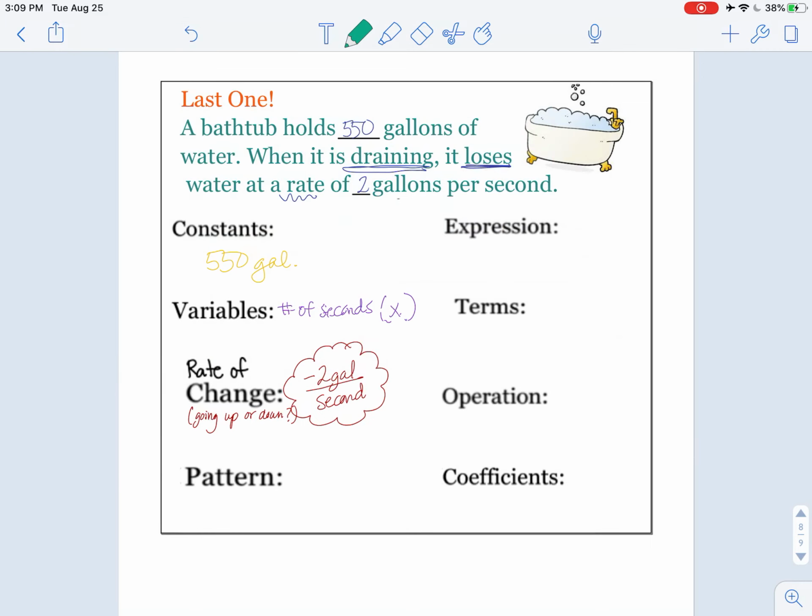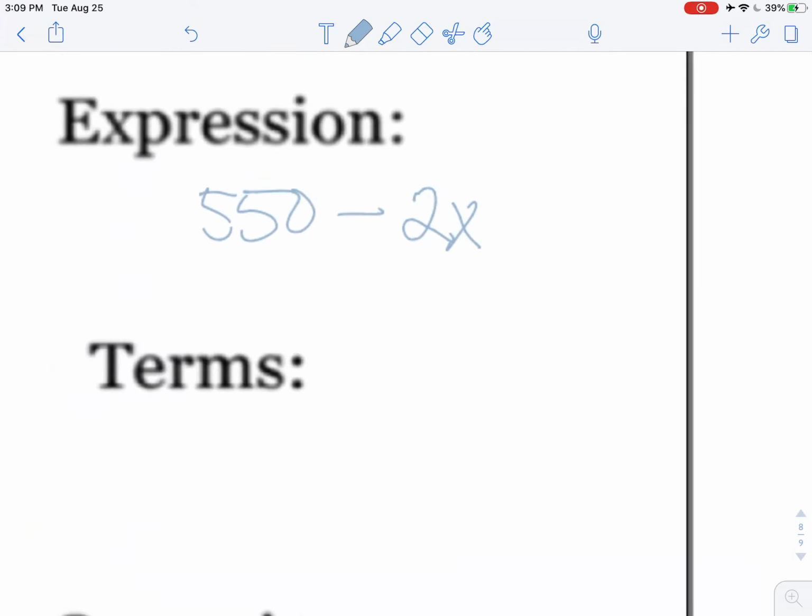My pattern is we start with 550 gallons and we lose 2 gallons per second. So my expression is we start with 550, and I represent lose with subtraction, and then 2 gallons per my number of seconds, x.